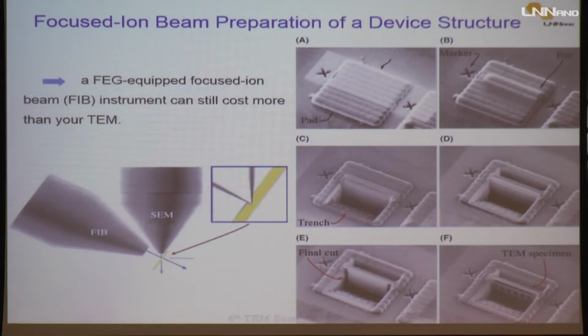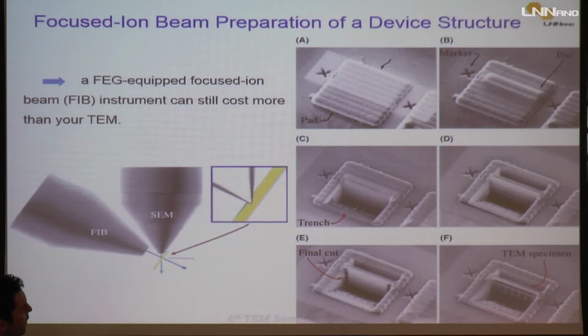You do this pad on the surface, here where you are interested in getting your layer, your TEM lamella. You put a platinum bar on this pad, and then you start with the FIB, with the ion gun.